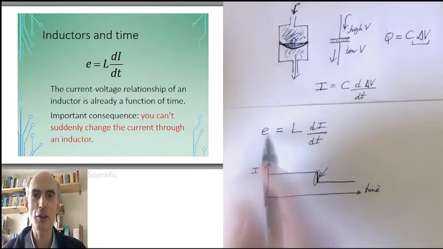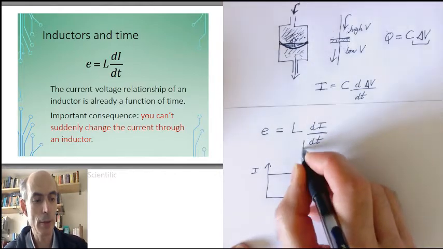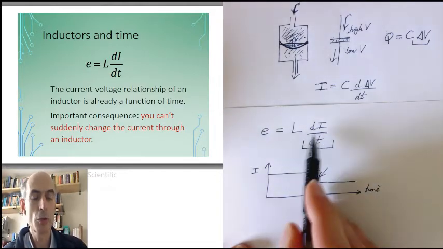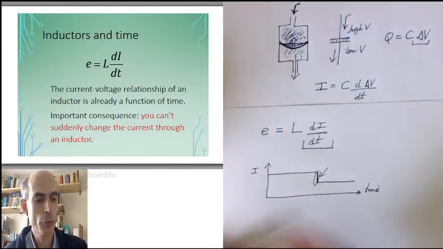Once the voltage starts getting above a certain threshold, then some current will start flowing. So, net conclusion, for an inductor, we cannot suddenly change the current flowing through it. The current through an inductor always does something like this.